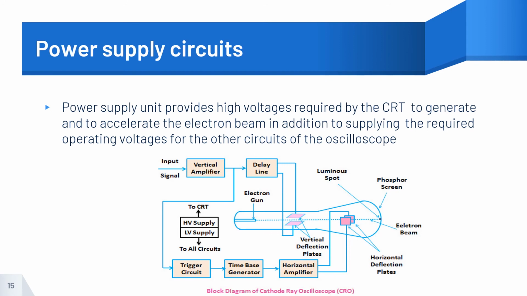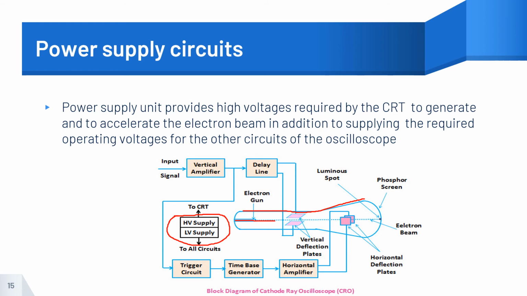Power supply circuits. Another important block in CRO is the power supply circuits. The power supply unit provides the high voltages required by the CRT to generate and accelerate the electron beam towards the screen. It requires very high voltage.